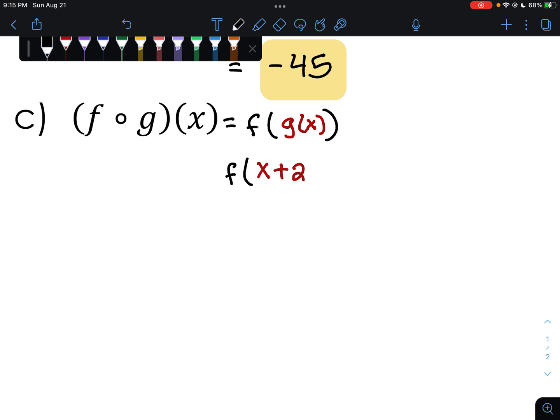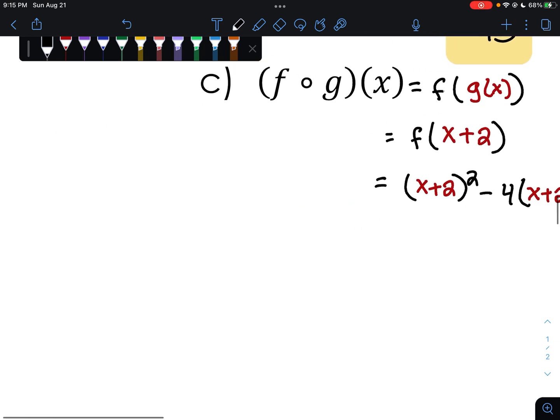So anywhere there's an x, we're going to replace it with an x plus 2, which would be x plus 2 squared minus 4 times x plus 2 minus 45. So we need to expand.